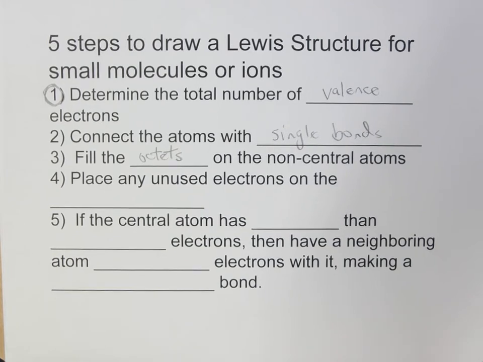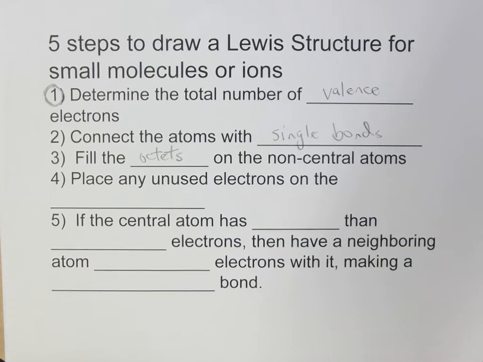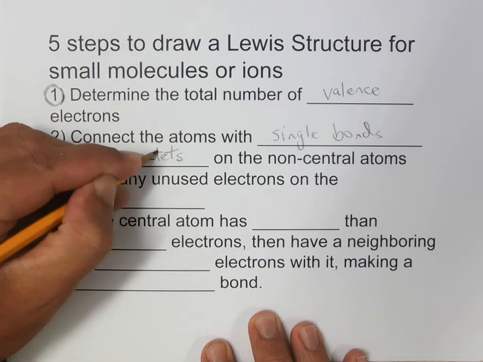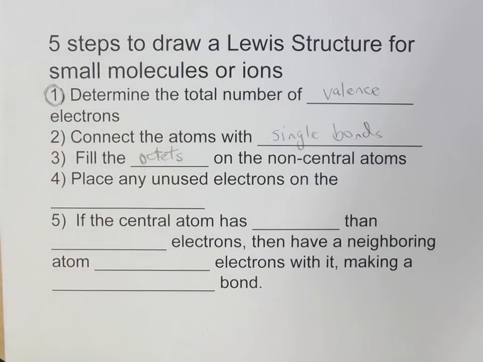Again, this will make more sense when I do examples, but if you have a typical nonmetal in a Lewis structure that's covalently bonded to the central atom, you're going to want 8 electrons in its environment. If it's hydrogen, it obeys the duet rule, so you fill the duet for hydrogen. Again, that's hopefully something you've seen before. If not, a little practice will go a long way.